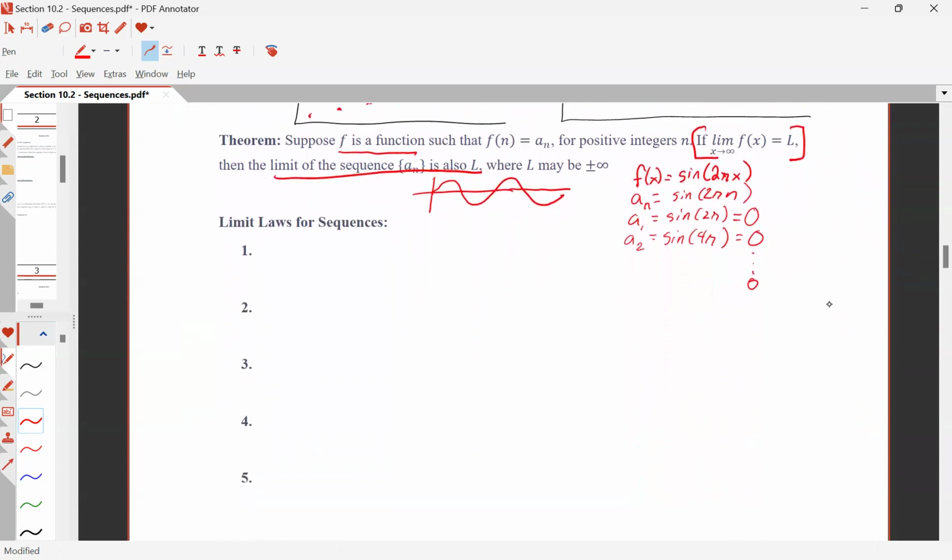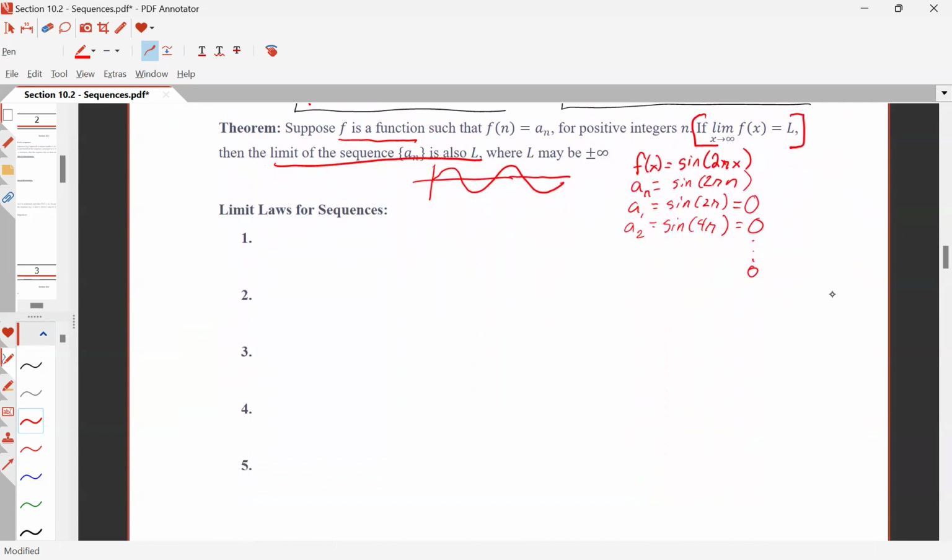And with any rules we had for functions carrying over for sequences, we had limit laws of functions. We have these same limit laws for sequences. So the limit laws are first, that the limit as n goes to infinity of a sub n plus or minus b sub n is equal to the limit as n goes to infinity of a sub n plus or minus the limit as n goes to infinity of b sub n.